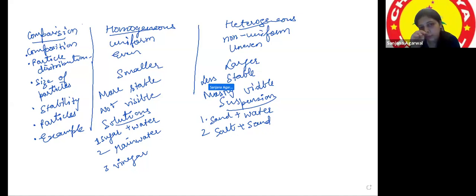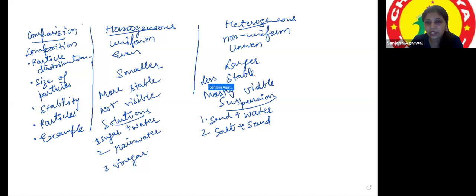Another example of homogeneous is alloys. Iron is a distinct element, a pure metal. Copper is a pure metal, but an alloy means steel. Most of the utensils in our kitchen are made of steel, and that too stainless steel. Steel is not an element; it is a mixture of some amount of chromium, nickel, carbon and iron.